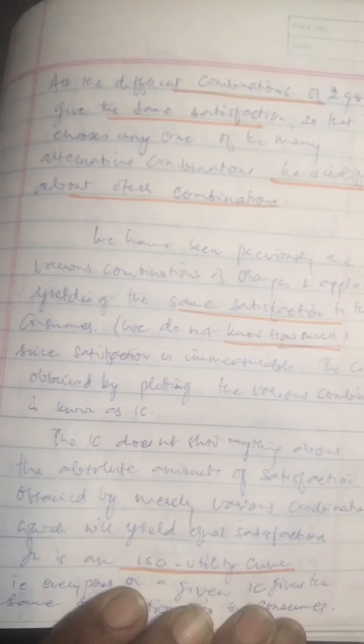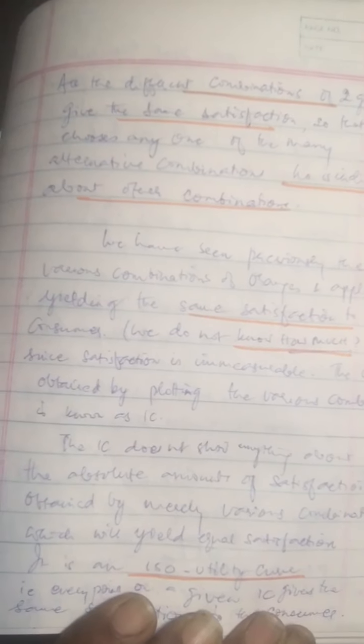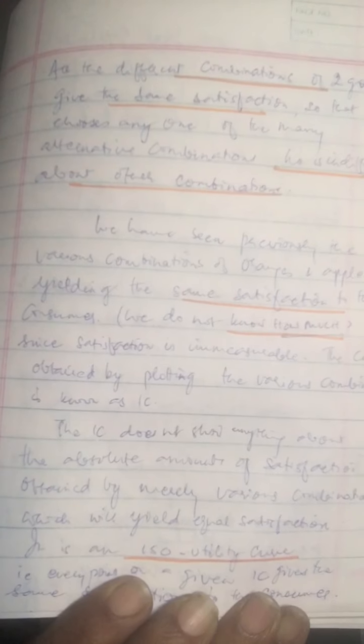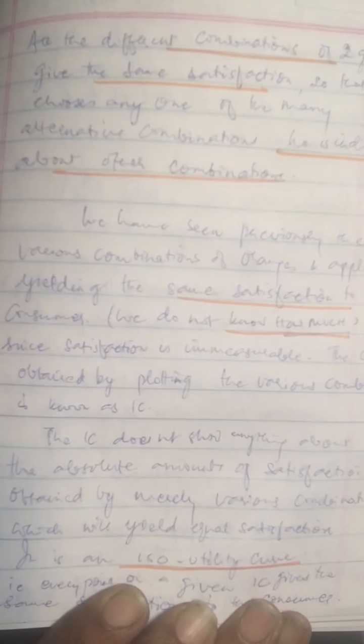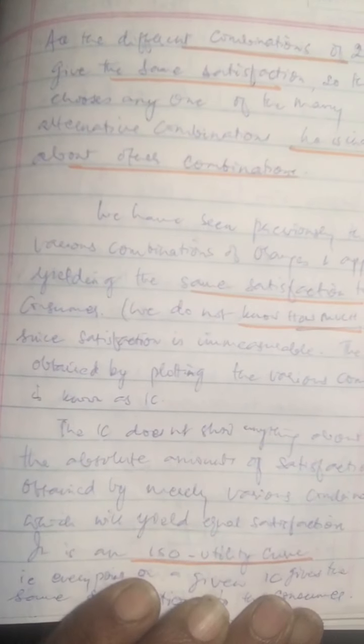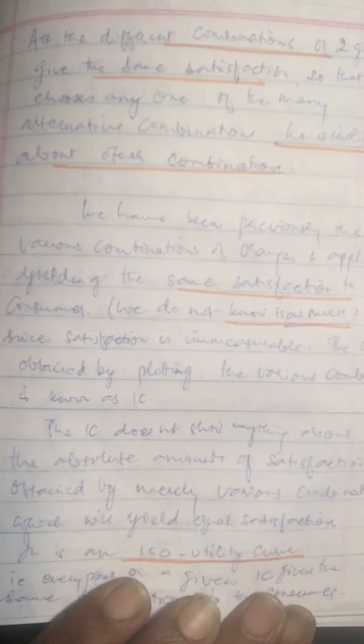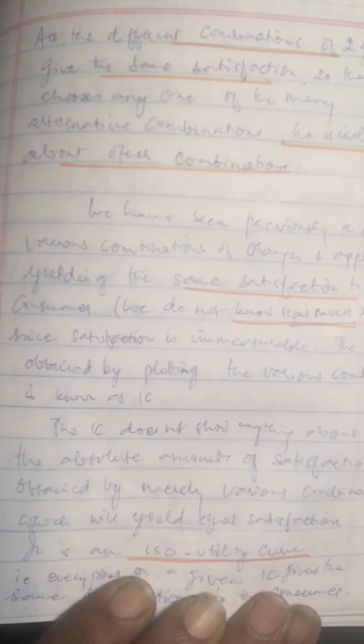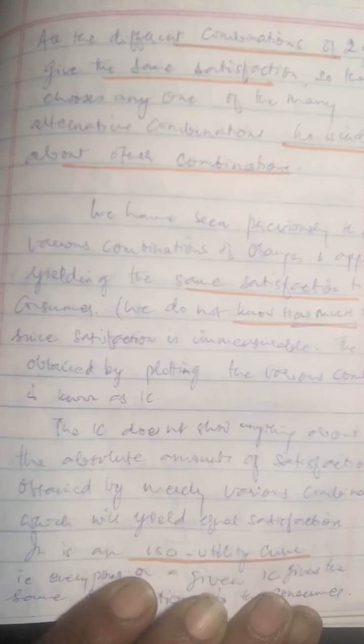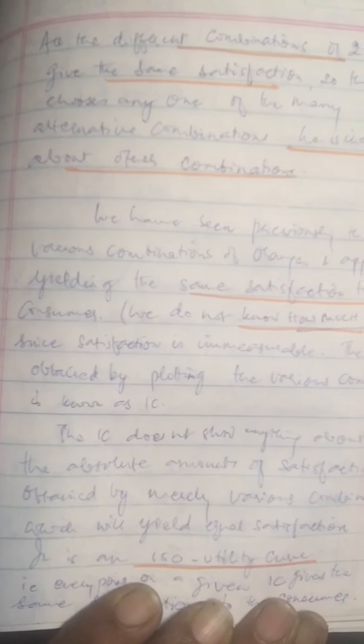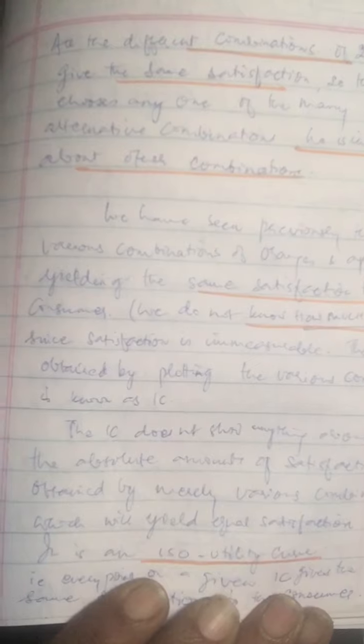So an indifference curve is precisely what we can call the iso-utility curve. It shows that every point on a given indifference curve gives the same amount of satisfaction to the consumer, even though each point represents a different combination of the two goods.